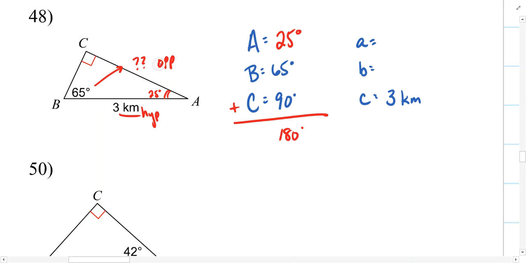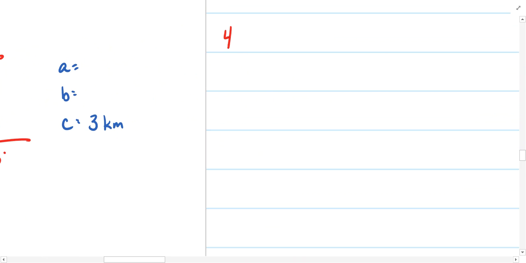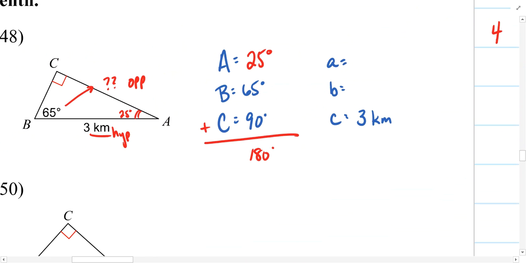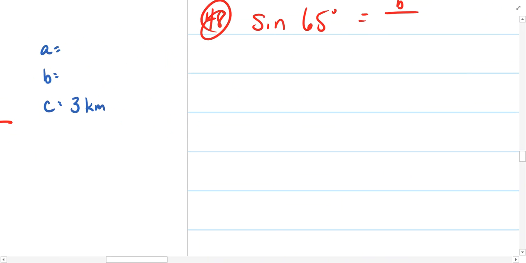So the sine function, sine of 65 degrees, should equal the opposite over the hypotenuse. So let's jump over here. This is problem number 48. So I know that sine of 65 degrees will equal the opposite side length for side length B, divided by our hypotenuse, which is 3.